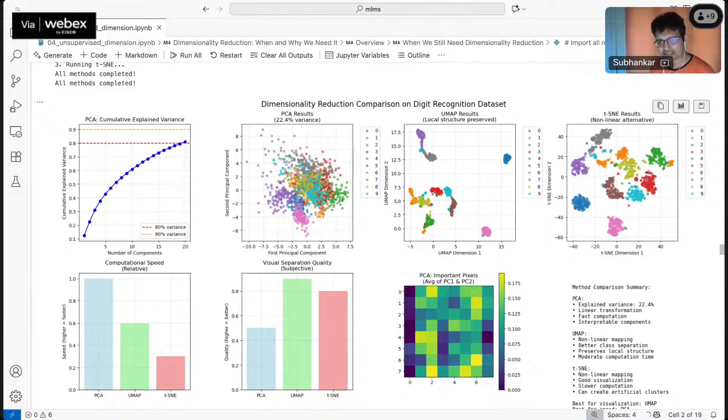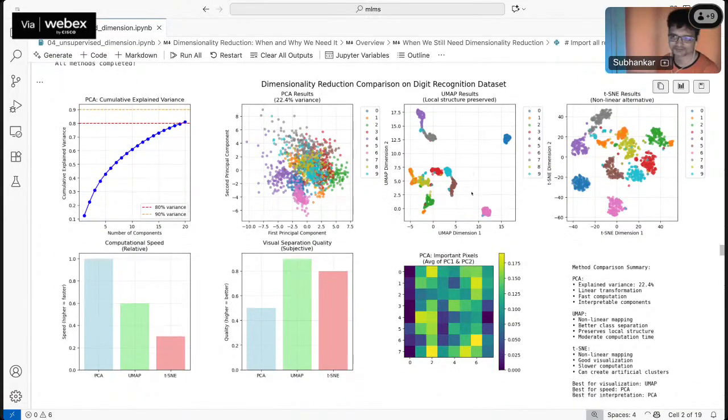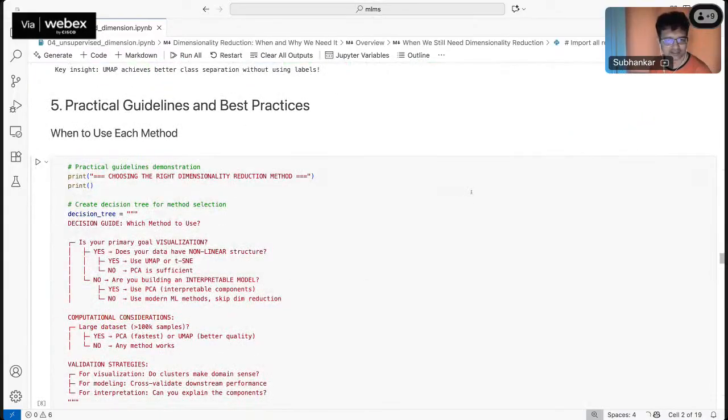And digits that are written very similar to each other will be close to each other. In t-SNE, it preserves the local structure, that means things that are the same will look similar, but it does not preserve the global structure. That means zero is actually very different looking from other digits. That is what is being preserved in UMAP. I hope that is clear.